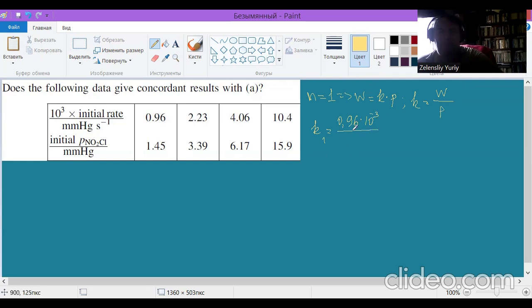And we divide by the initial pressure of this reagent, which is 1.45. 0.96 times 10 to minus 3 divided by 1.45, and we got 6.62 times 10 raised to minus 4. It's very close to what we got from the previous. Yeah, K2.